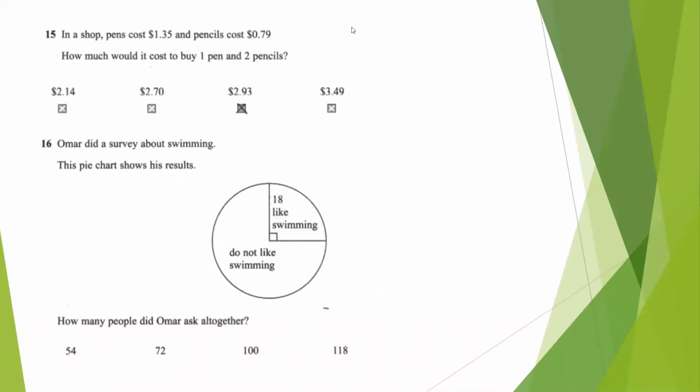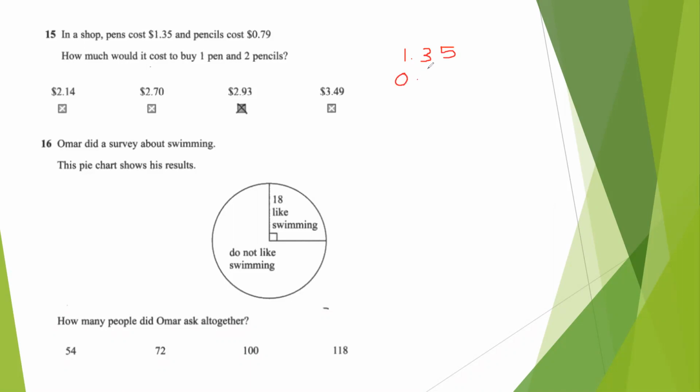The 15th question: in a shop, pens cost 135 and pencils cost 0.79. How much would it cost to buy 1 pen and 2 pencils? So 1 pen is 135. So better you write it 135, and 1 pencil is 0.79.